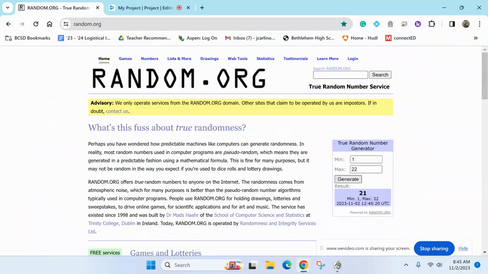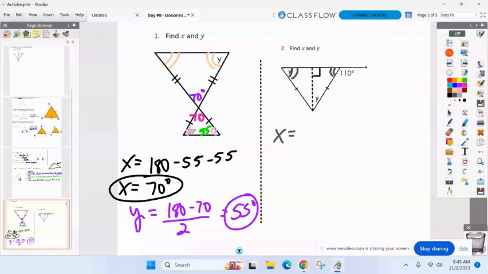Lauren, how do I get to X here? I did 110 minus 90, and then... What do I know about the 110 and that congruent angle right next to it?